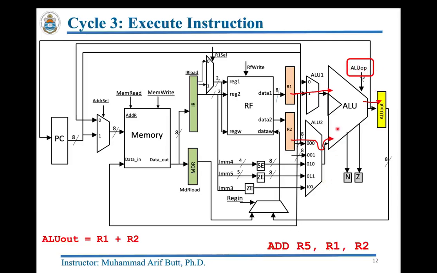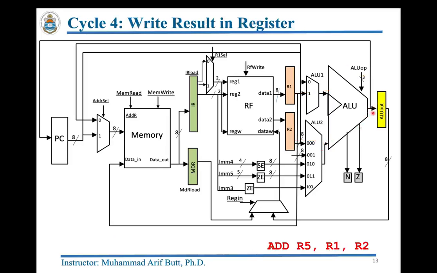And the ALU performs the operation and stores the result in the temporary register ALU out. Finally, in cycle 4, the result is written inside the register file in the appropriate destination register. From here, it will move to the appropriate destination register, which will be 5 in this case.